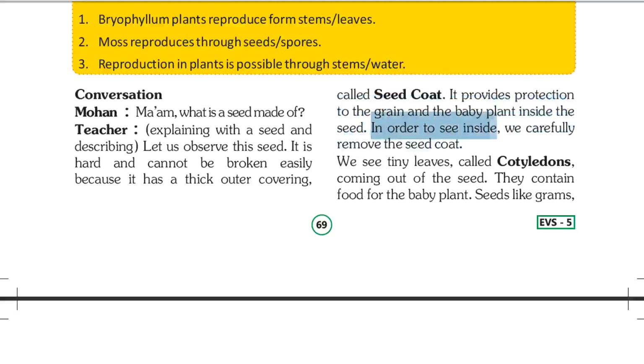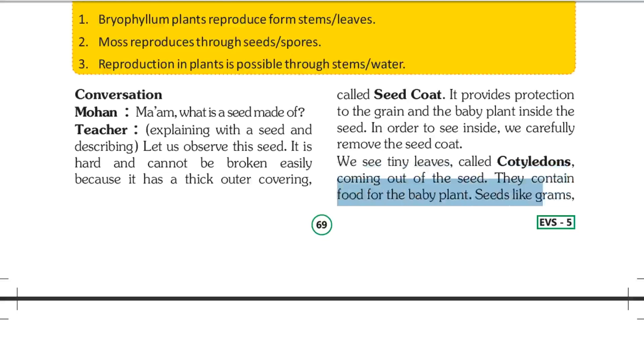In order to see inside, we carefully remove the seed coat. We see tiny leaves called cotyledons coming out of the seed. They contain food for the baby plant.